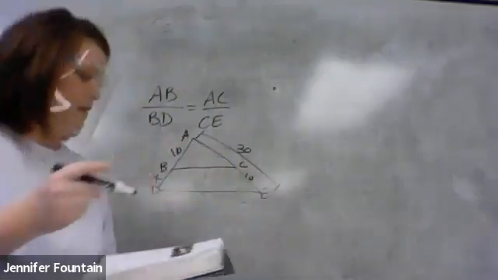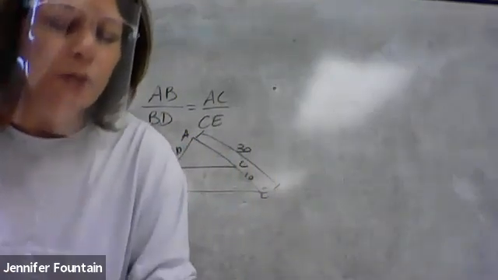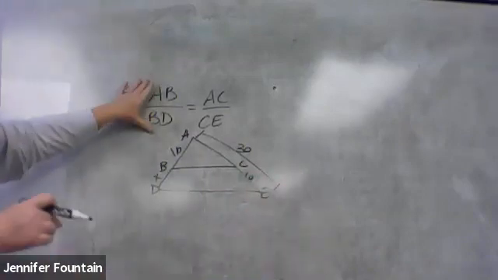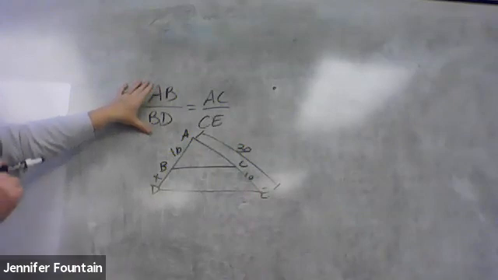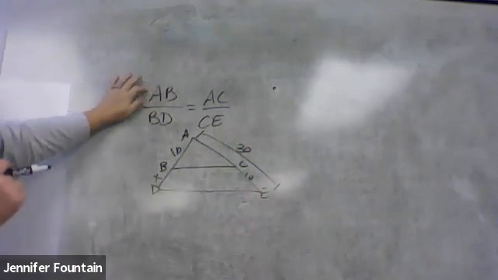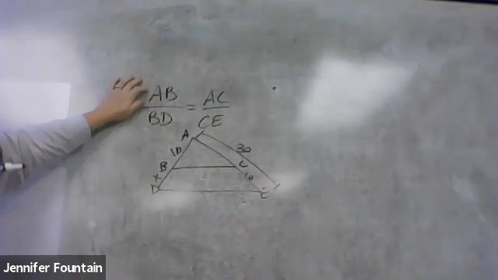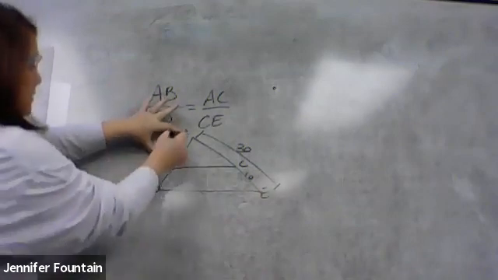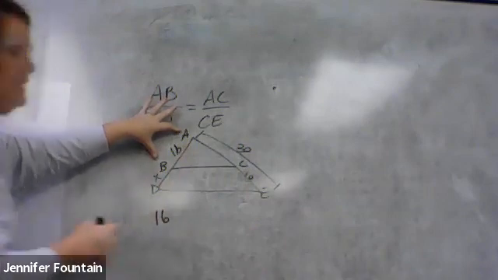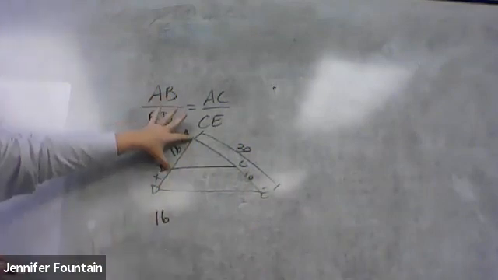Okay. So what I want to do is, given this proportion, I want to plug in the numbers or the measurements that I know. So what is the measure of segment AB? Not 16x, just AB is right here.